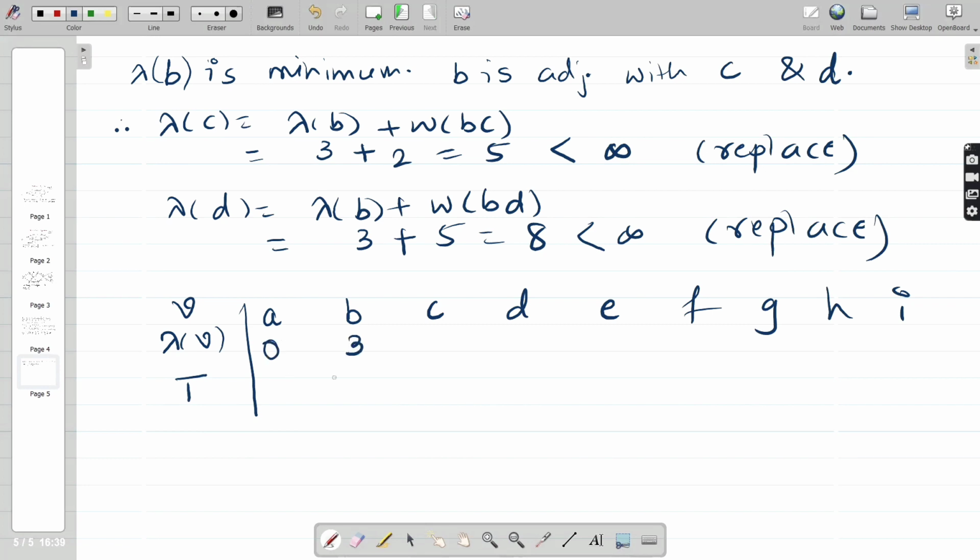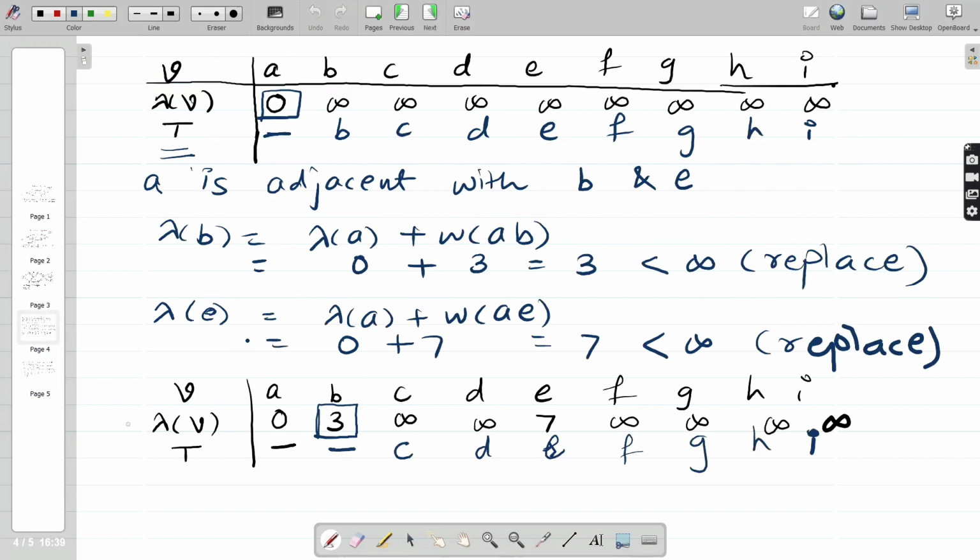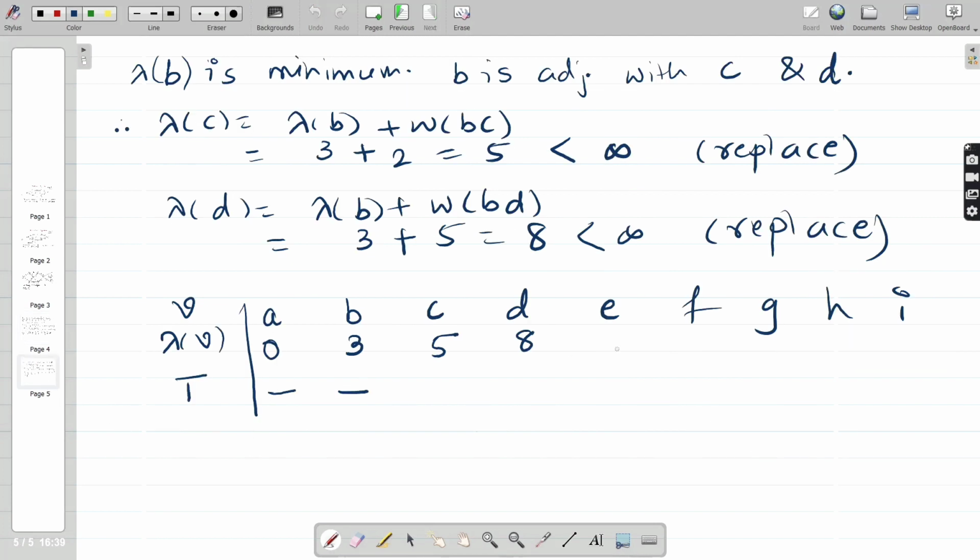Now this is 0, this is 3. Lambda C we are replacing by 5, lambda D we are replacing by 8. Lambda E was 7, and the rest of the values are infinity.